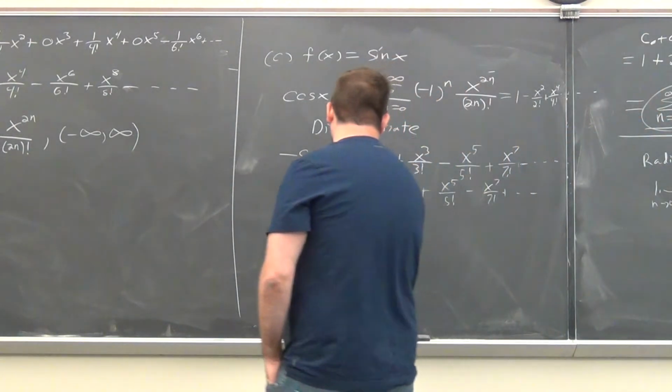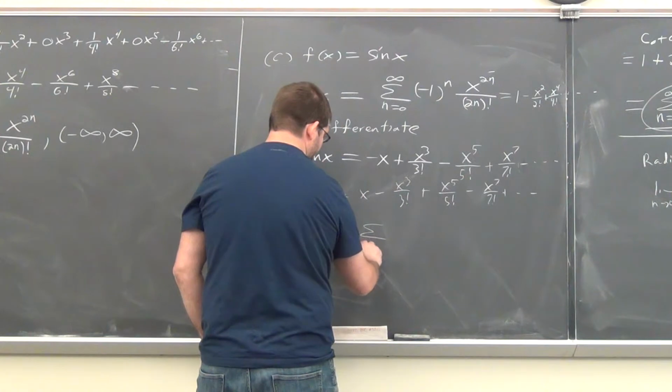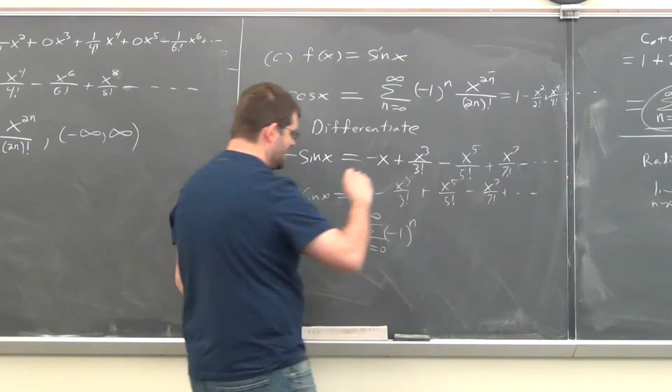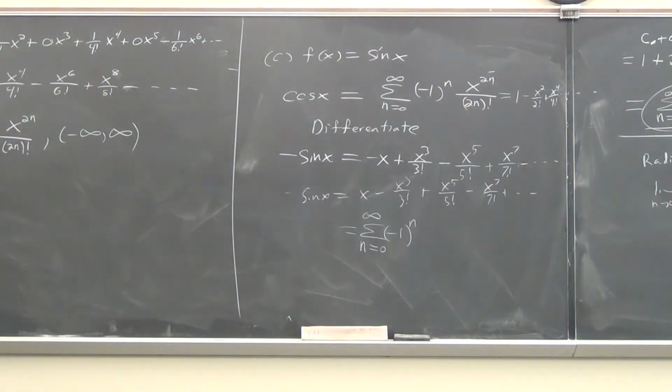And as long as we're here, let's do this again. Sum from 0 to infinity. Again, it starts positive, so I'll just make it -1 to the n. That'll make my sign flip. And now I want just the odd powers. And I guess I erased it, I had it up over here. How do I get just the odd powers?